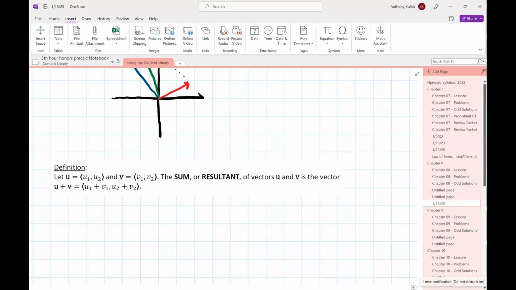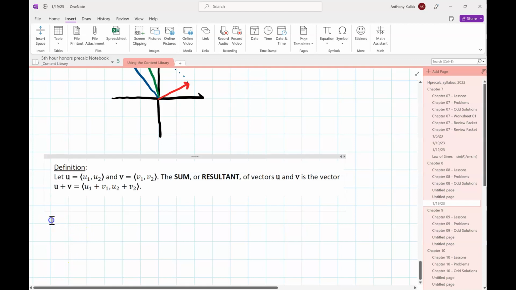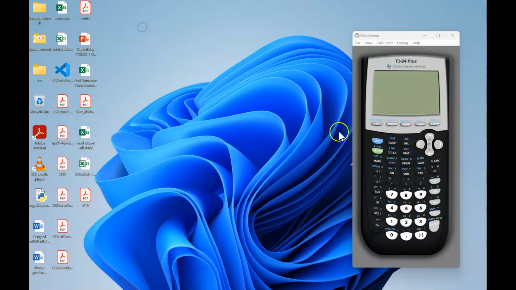So do you remember how we did a dilation in geometry? You multiply the coordinates by some factor, right? If it's the same factor, then nothing changes, it just stretches it out. So that's exactly what we're going to do here. We're going to define an operation called scalar multiplication.